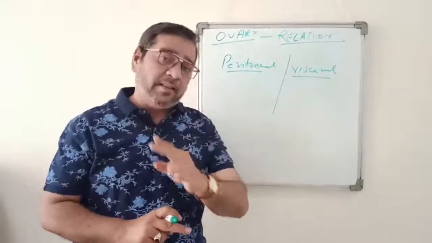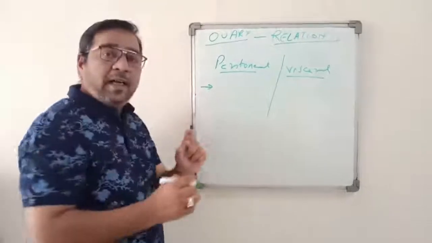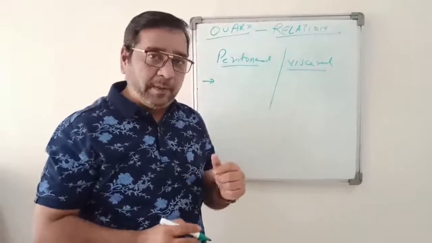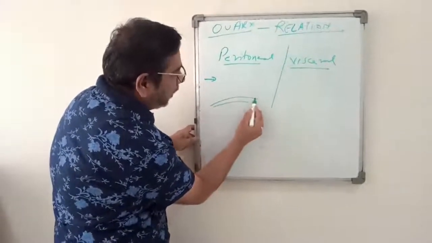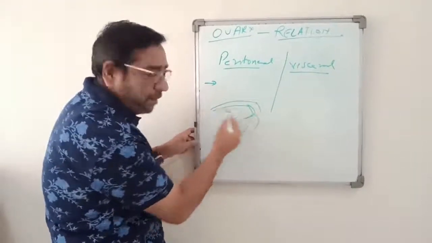The second peritoneal relation that you have is the suspensory ligament. Now what is the suspensory ligament? If you see the fallopian tube, this is the infundibular part, and you have the ovaries here.